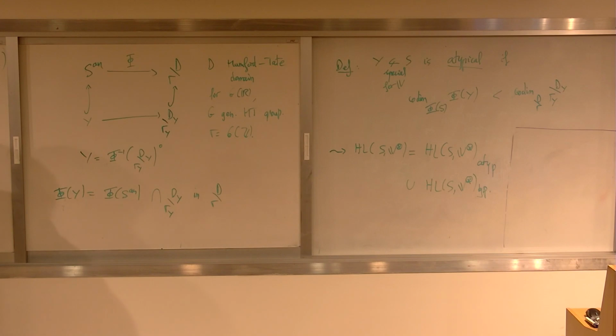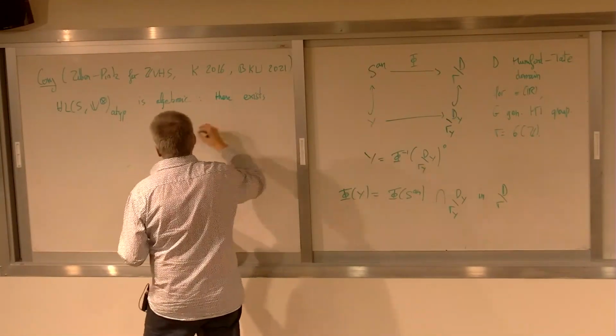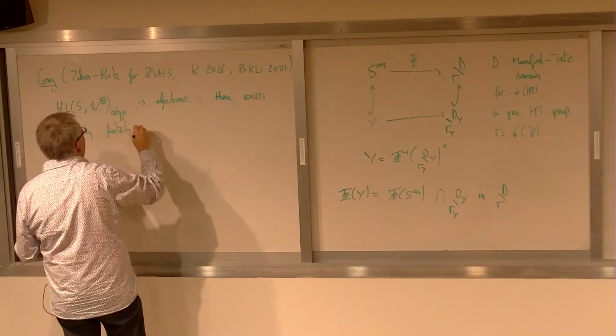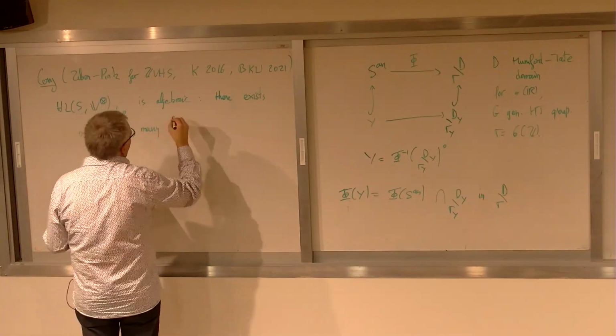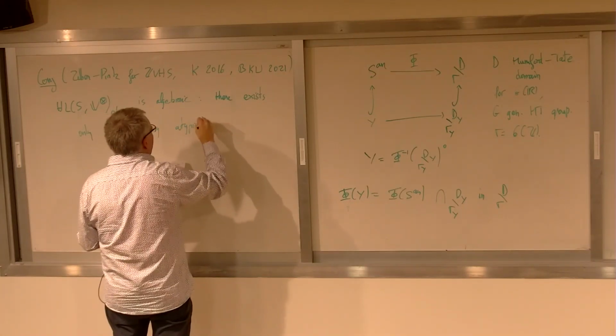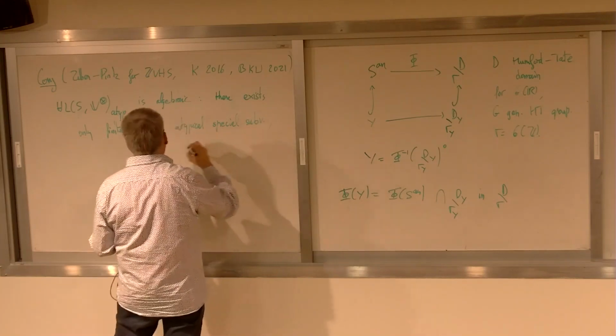It means that there are only finitely many maximal ones. There exist only finitely many atypical special varieties maximal for those properties.